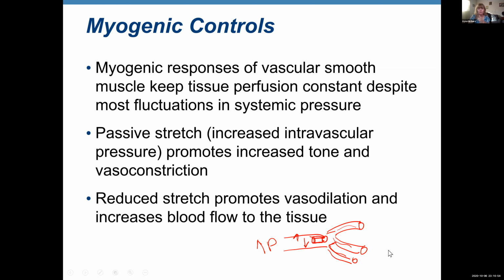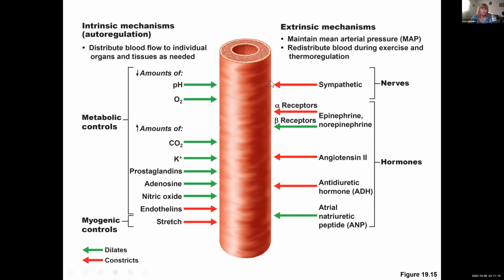That's how we regulate these local areas. And when we reduce stretch, that means there isn't enough pressure or blood, so we dilate those arterioles. That's myogenic control.